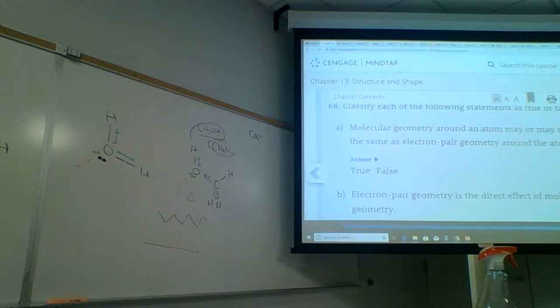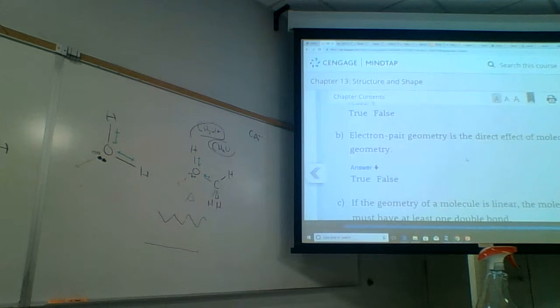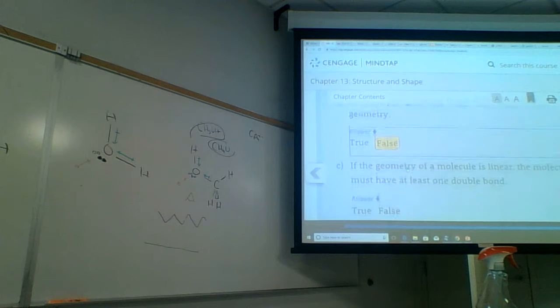Classify each of the following as true or false. Molecular geometry around an atom may or may not be the same as electron pair geometry. True. Electron pair geometry is the direct effect of molecular geometry. False. Why? It's the opposite.